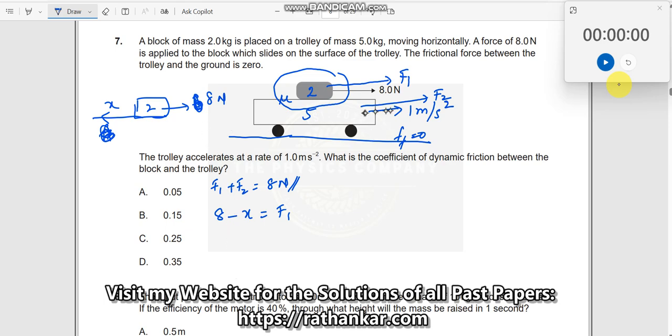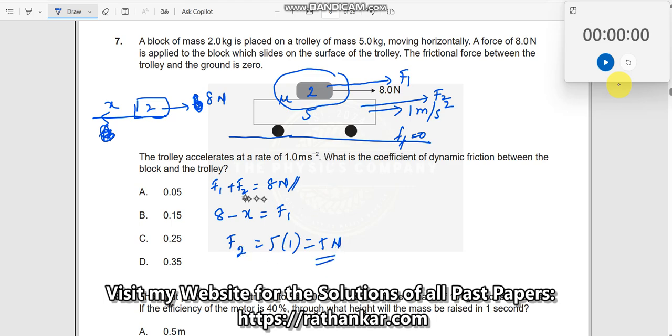Then in a similar way, if I consider the trolley here, F2 is acting like this. Net force F2 is equal to m into a. What is m here? 5 multiplied by 1, which is equal to 5 Newton. Now what is F2?